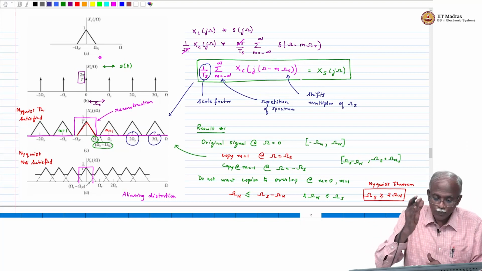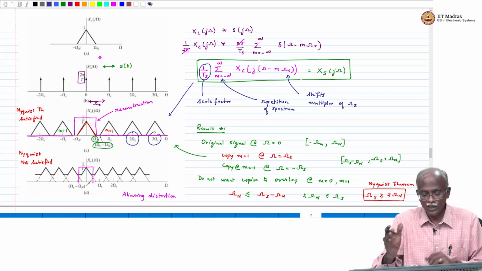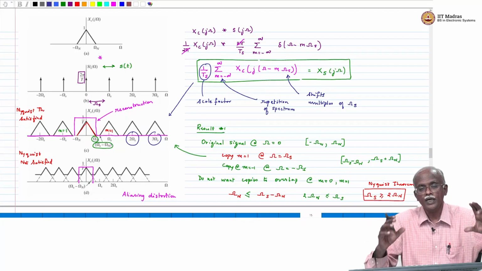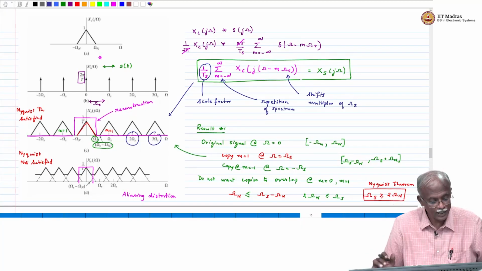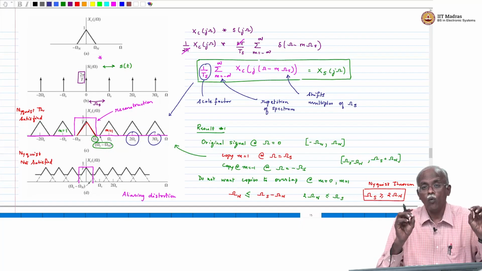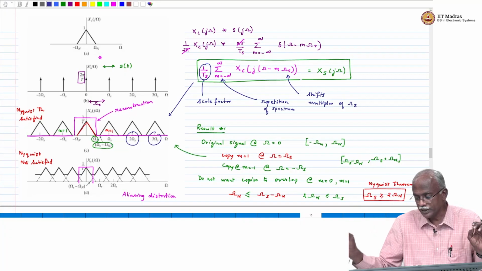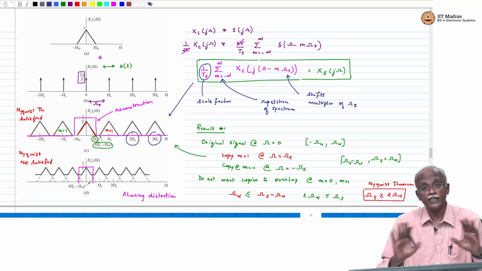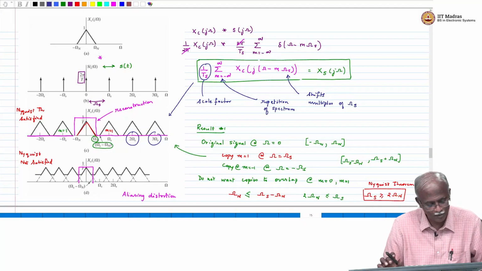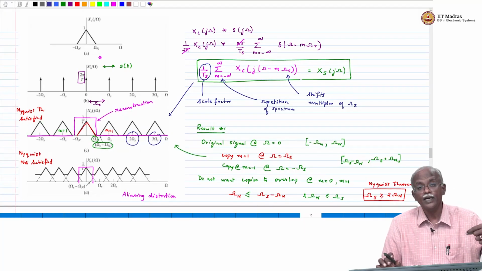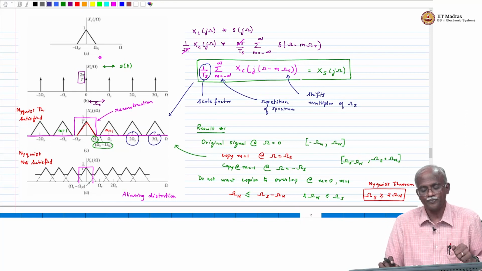What is the process of sampling? What is the representation? What is the mathematical framework? How do we look at the spectrum of the signal after sampling has occurred? And then what is the condition that we need to satisfy so that there will not be any aliasing or any distortion caused by the overlap of the copies of the spectrum, and that then also tells us what is the ideal reconstruction filter.